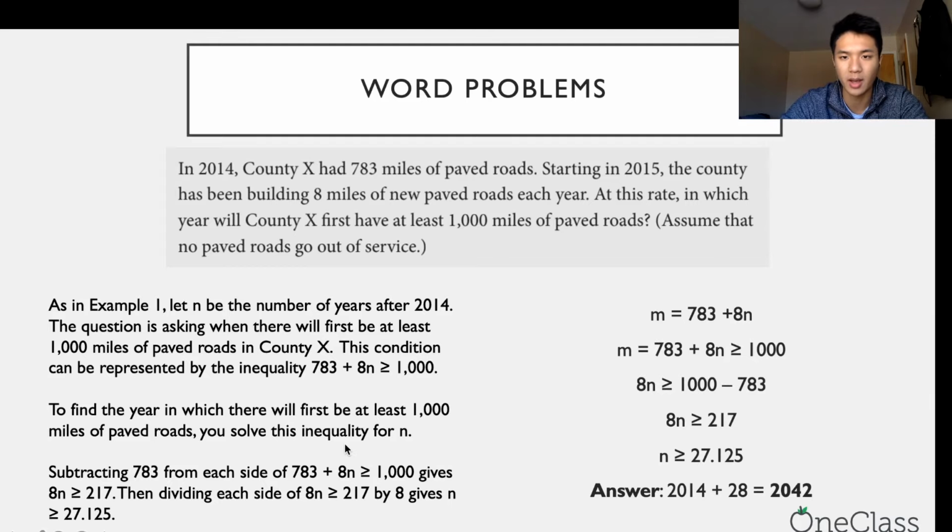So we basically have to round this up to 28. We know that at any point in time after 27.125 years is the exact point in which they reach 1,000 miles. But the first full year in which they have at least 1,000 miles is going to be year number 28. And so if we add 28 to 2014, we get 2042, and that's the final answer, right?